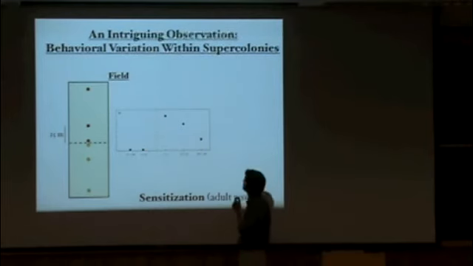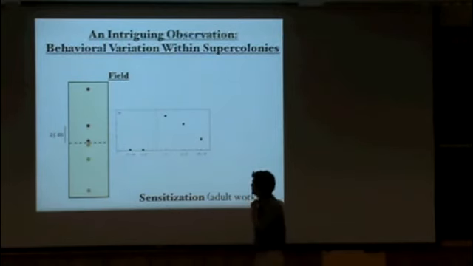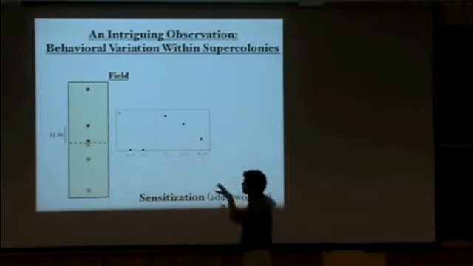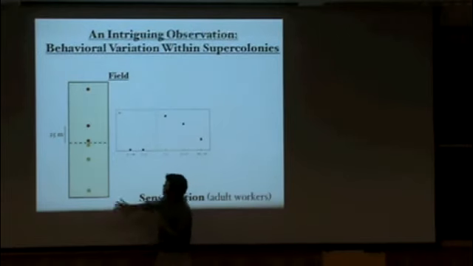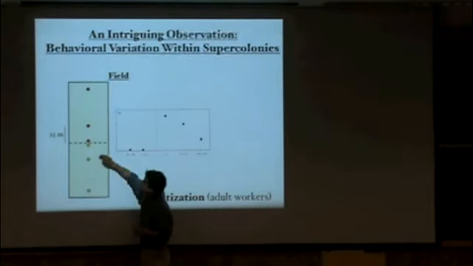The first inklings of this came from a study performed by a postdoc, Melissa Thomas, in David Holway's lab at UC San Diego, a collaborator of mine. What she found is shown here in this cartoon version. This is an aerial view of a contact zone between 2 supercolonies here in the introduced range.